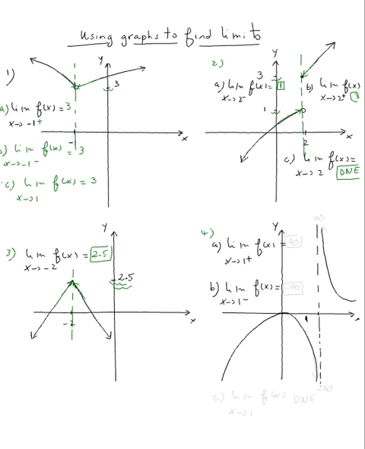For number 4, as x approaches 1 from the right side, it's never going to hit that vertical line. So we know it's going to get larger and larger and larger. And this is positive infinity for y values. So the right side will be positive infinity. As x approaches 1 from the left side, if you keep following it this way, this is actually negative infinity for y values.